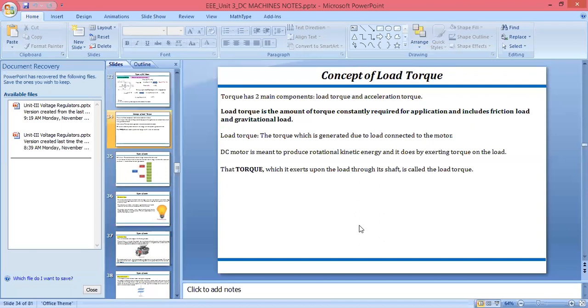The poles are shaped so as to give an air gap for cooling purposes. To keep the assembly of the DC machine cool, we can use air gaps on the poles. Then we have seen about the armature.